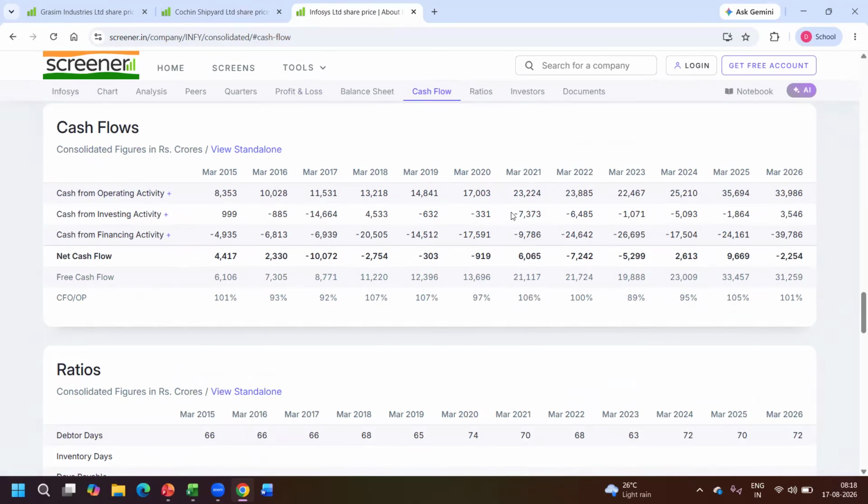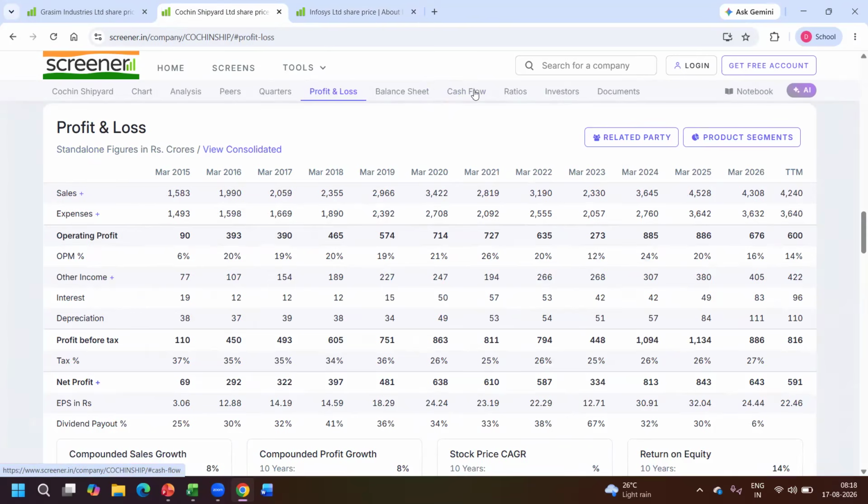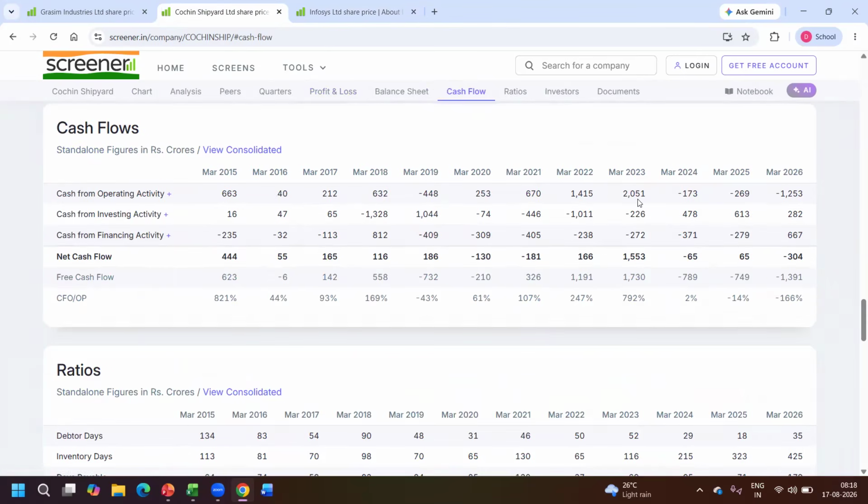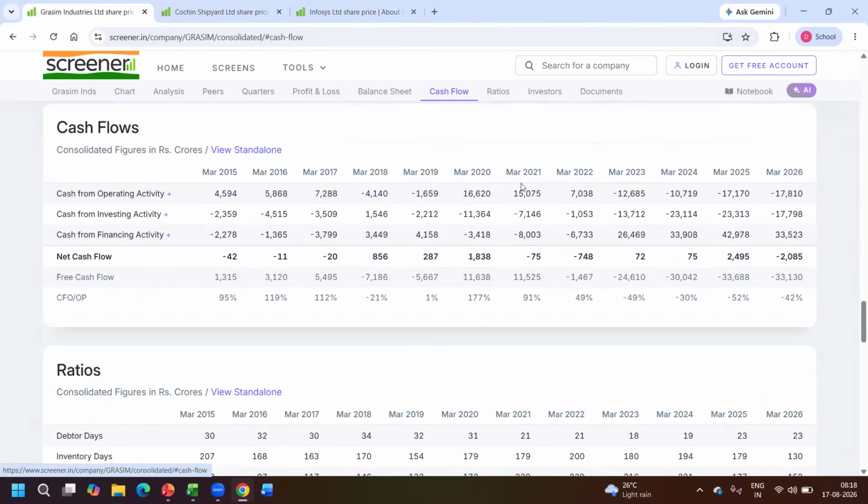That means the company is generating cash from operation, whereas for Cochin Shipyard and Grasim's, cash from operation is negative. That means these companies are not able to generate sufficient cash from operation.